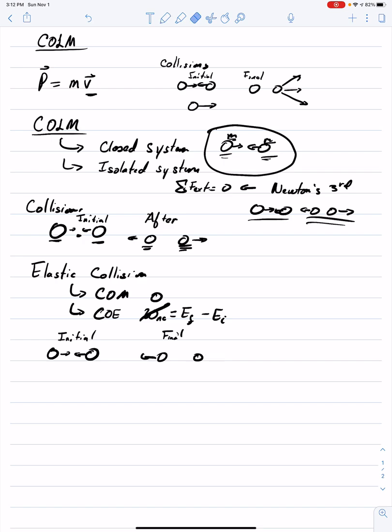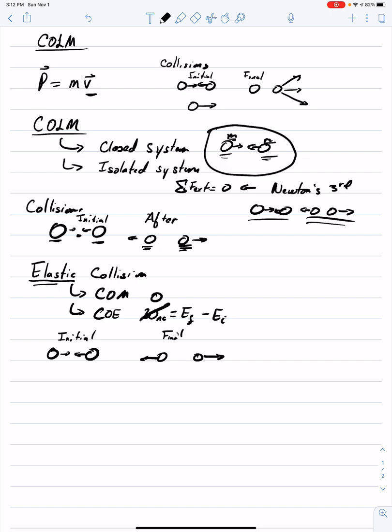That is an elastic collision. In an elastic collision, there's always a separation after the impact. They do not stick together. They completely divert into different directions. They never stick. That is a key factor in understanding what an elastic collision is.